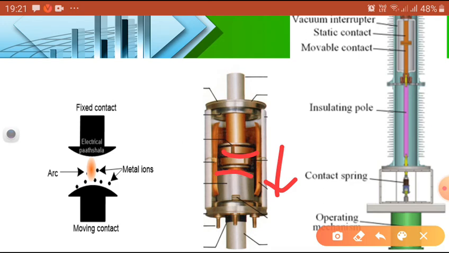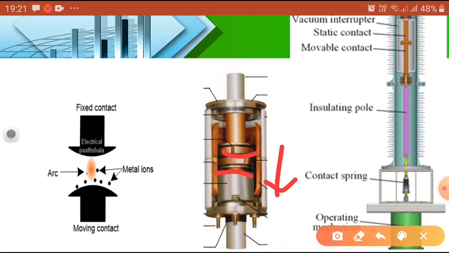The contact surfaces have a large number of microscopic projections. We will see the shapes of the different contacts also. These microscopic projections play a vital role.